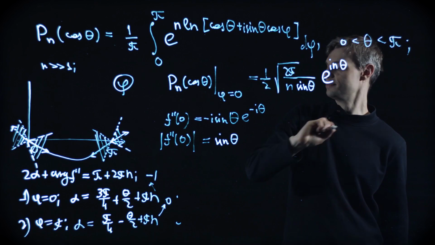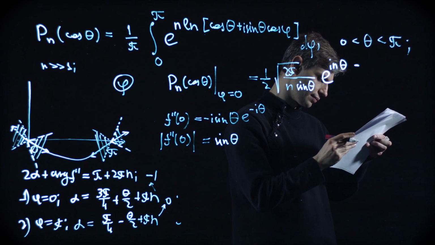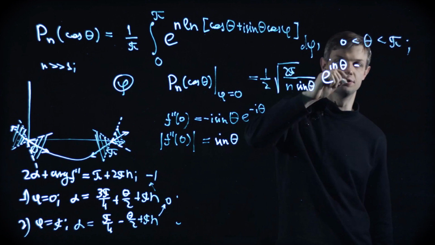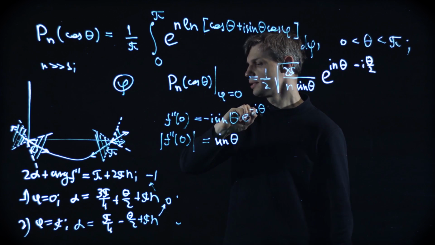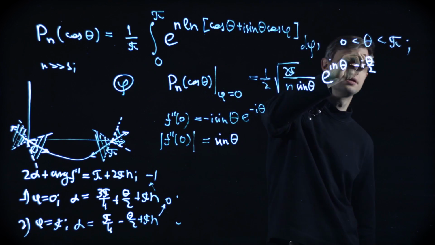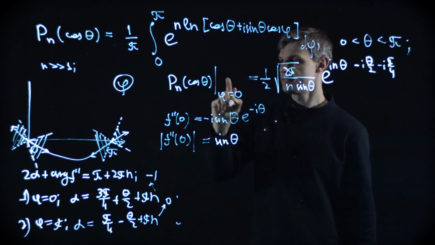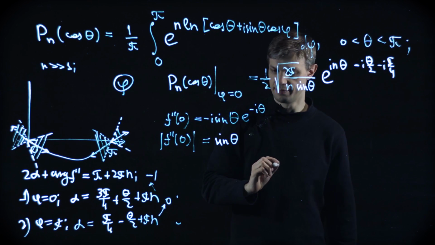So plus theta over 2, yeah, and minus i pi by 4. So this is the contribution from this saddle, the left one.